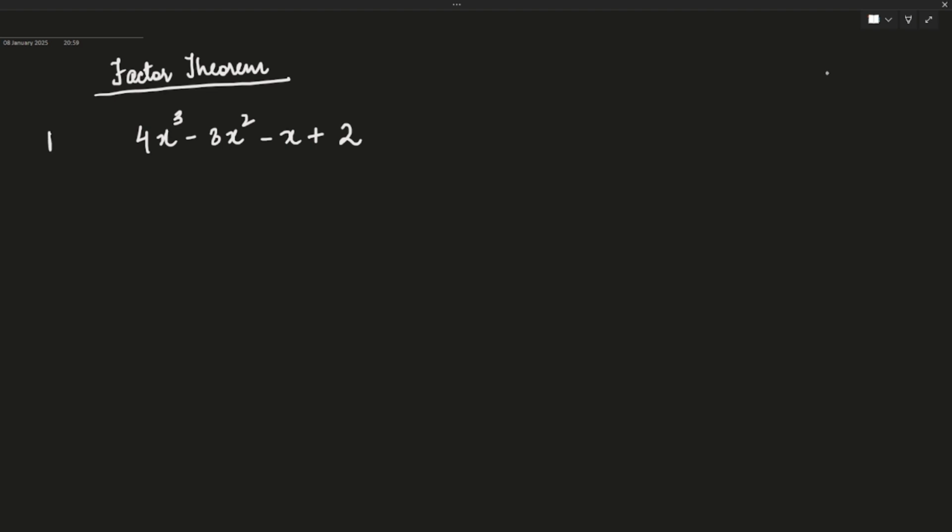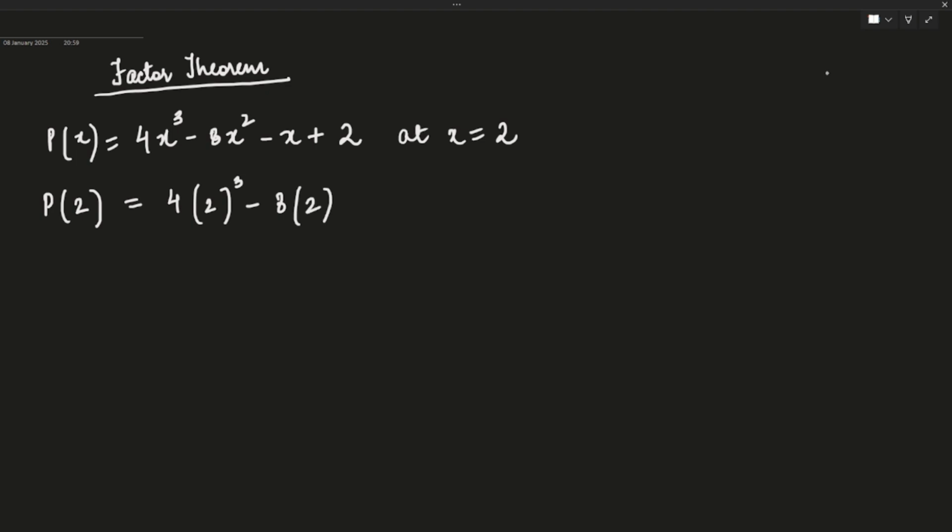Now if I ask you to find the value of this polynomial at x equals 2, we'll find p(2) by substituting x equals 2 in this polynomial. So this is 4 into 2 cubed minus 8 into 2 squared minus 2 plus 2.